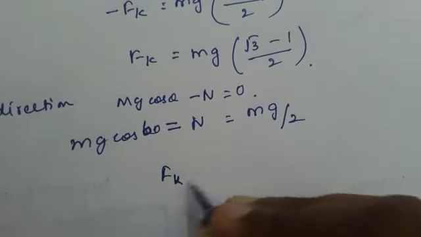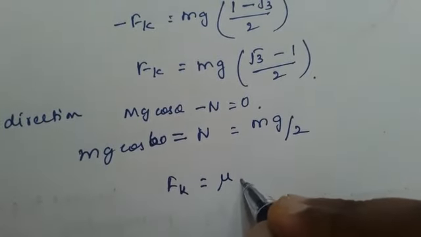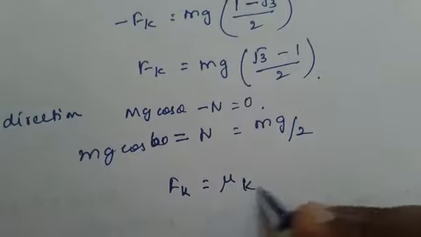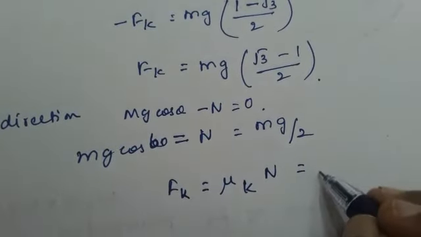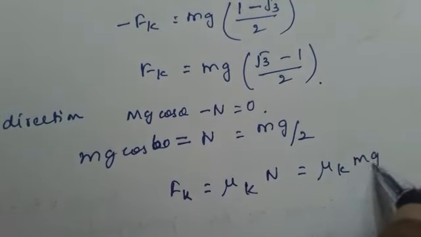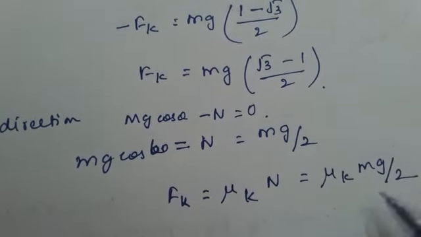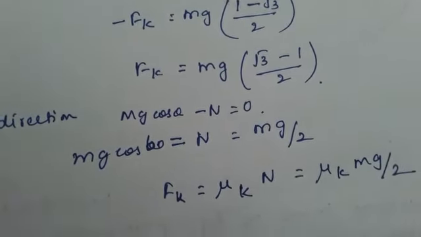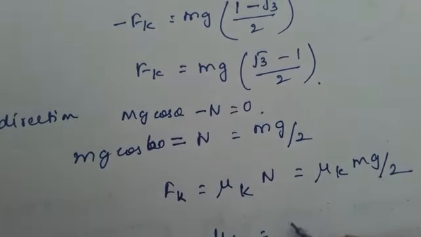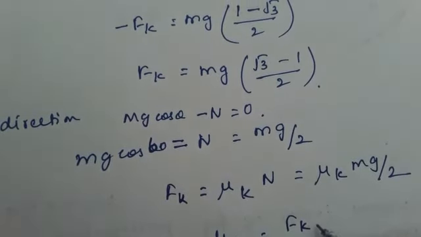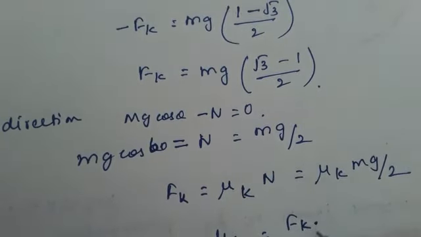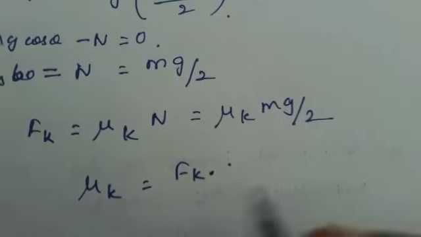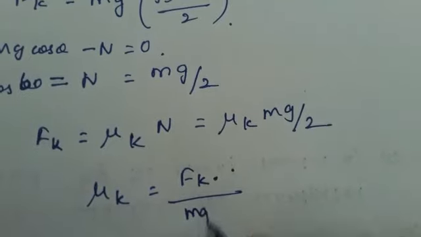Now we can find out the frictional force. Frictional force is equal to mu k into n. Mu k into what? N. Now you know n. So it is mu k into mg by 2. Okay. So we can find out mu k. Mu k is equal to Fk by mg by 2.